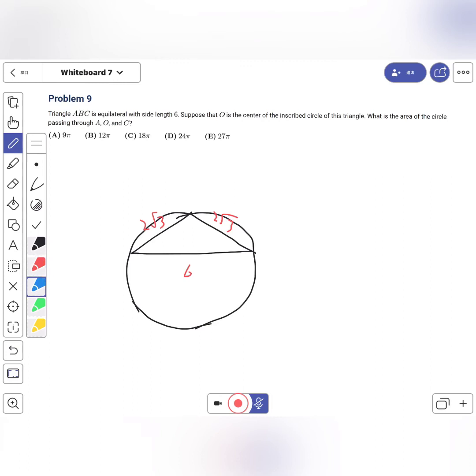Then now we see that if we drop an altitude, then this is 3, this is 3, and this is square root of 3. Therefore, for the area, we can use the simplest area formula, which is BH over 2, which is equal to 3 times the square root of 3.